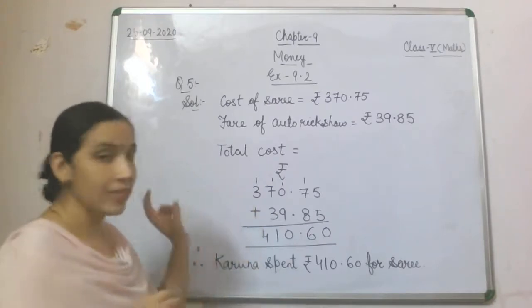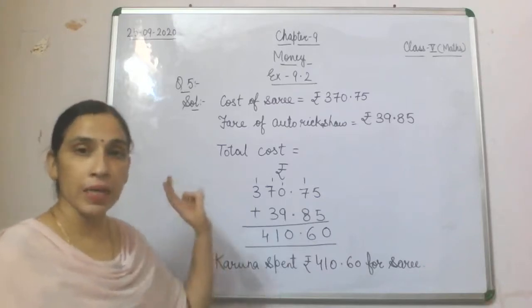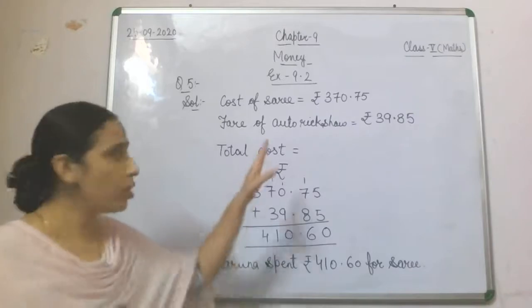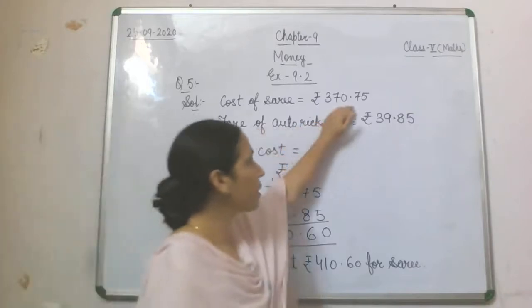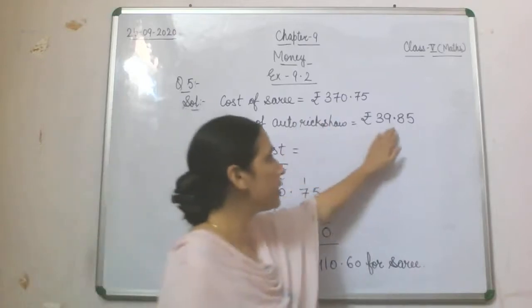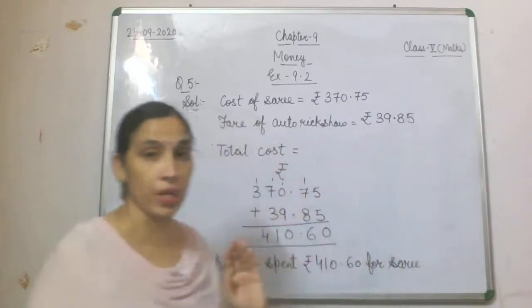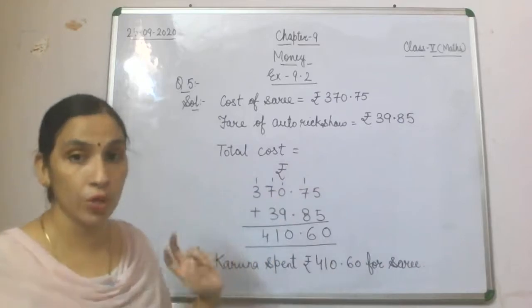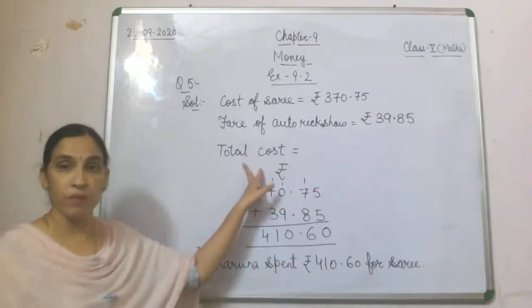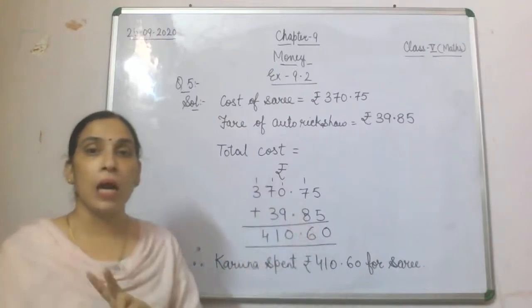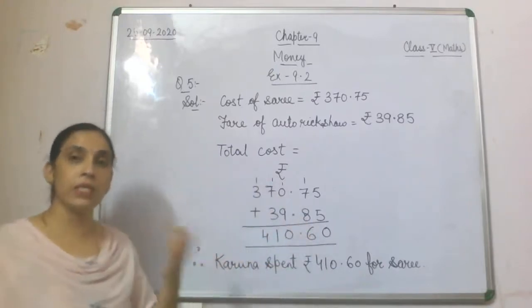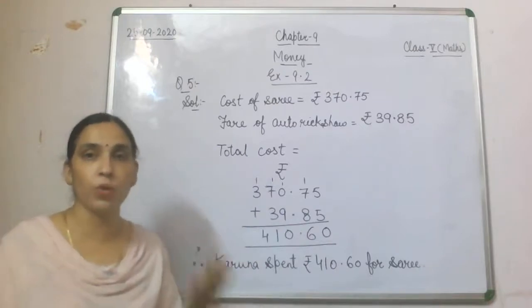So here it is exactly the same: Karuna went to the market and bought a sari. Now the cost of the sari is this much only, but for going to the market she spent rupees 39 and 85 paisa on auto rickshaw. Now this fare of auto rickshaw is also included in the total cost. Total cost means how much money we spent, whether we bought one thing, two things, or spent on petrol.